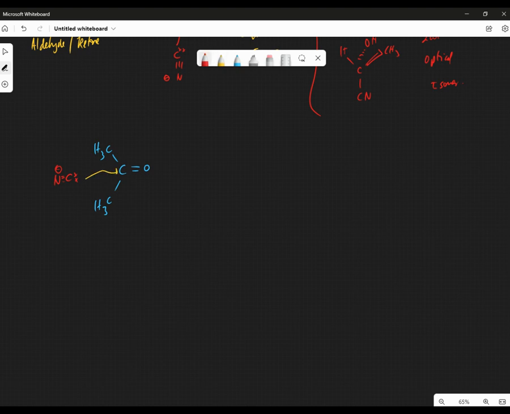Why does it attack this carbon? Because it's delta plus, delta minus. At the same time, these electrons go there. We get the intermediate, CH3, O minus, CN, and also the bottom CH3.